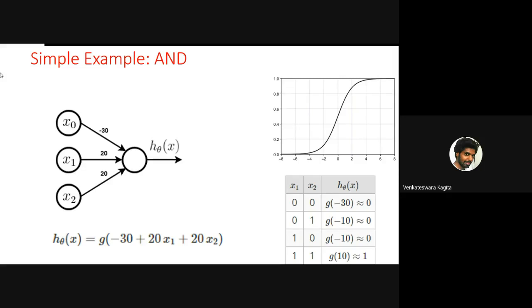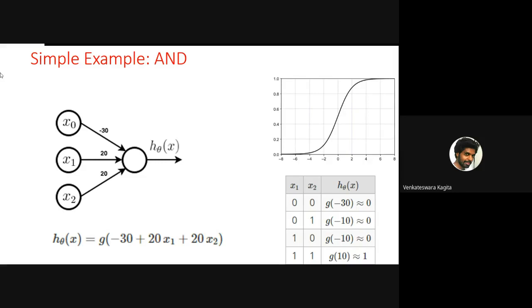We compute the net sum first: minus 30, the bias unit, plus 20 times x1 plus 20 times x2. 20 and 20 are the weights associated with those links. We pass this to the sigmoid function, 1 by 1 plus e power minus z.